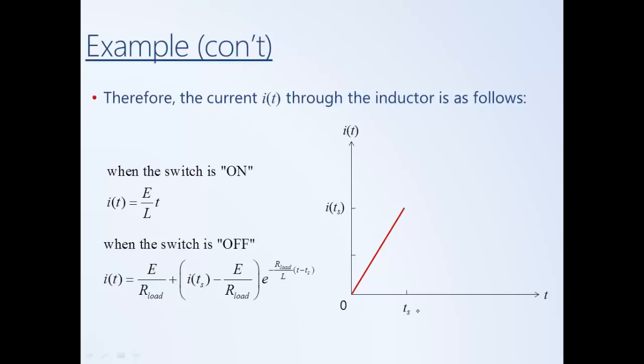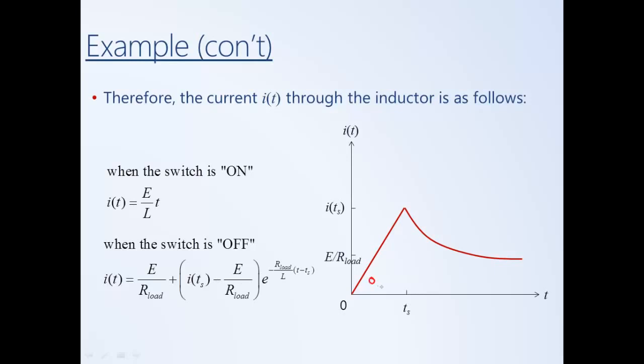At the point that t is equal to Ts, this becomes 0, and e to the 0 is 1. So this term will cancel that term, and the current is just equal to I of Ts, which is what we would expect for the current at the instant when the switch was turned off. As t goes to infinity, this exponential will decay to 0, and so this whole term will go to 0, and the current will approach E over R load, and it'll behave in essence like this.